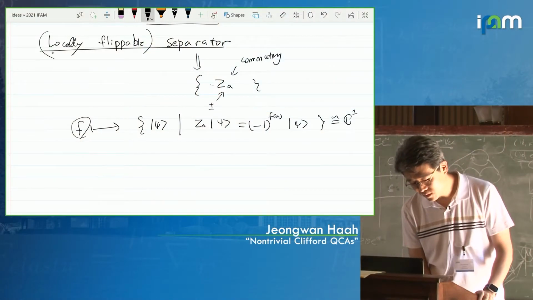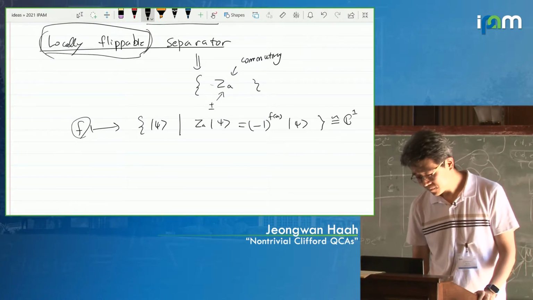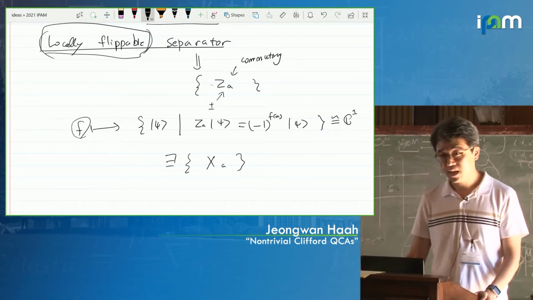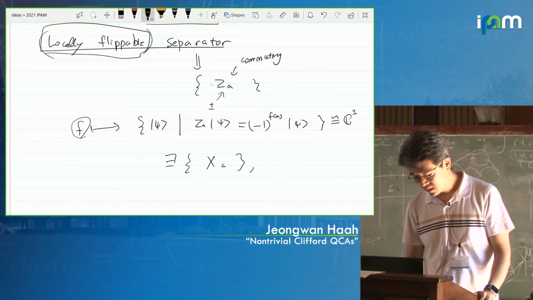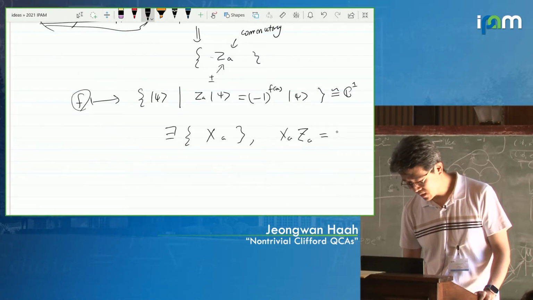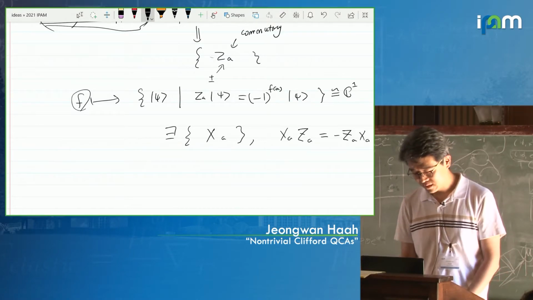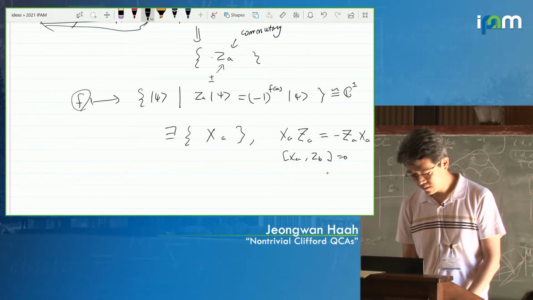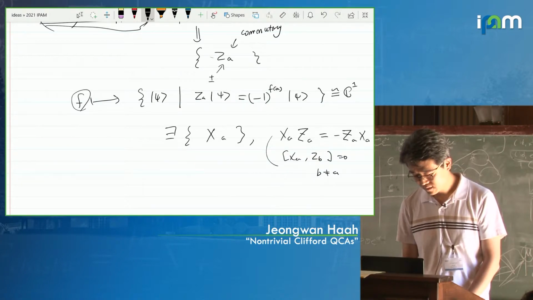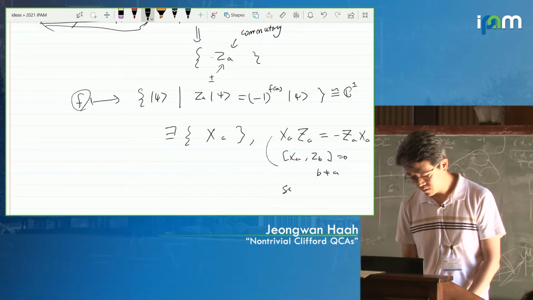And locally flippable means that there exists another set of operators that I will denote by X, such that it anti-commutes with exactly one Z_A and nothing else. And they are local.